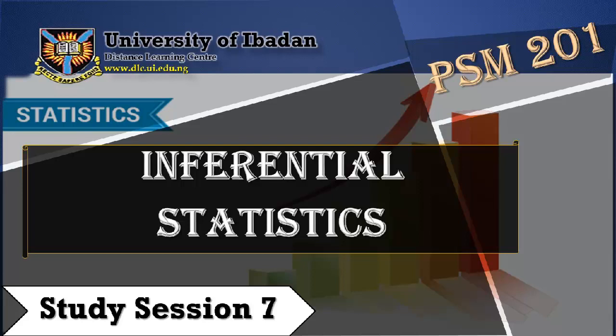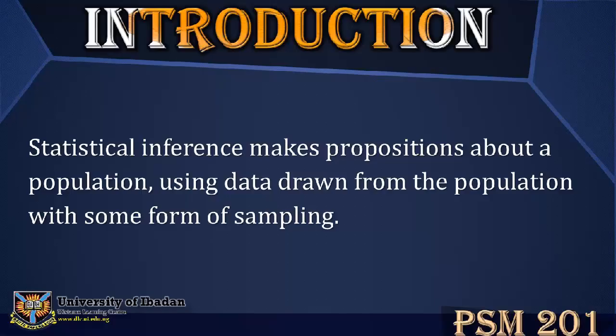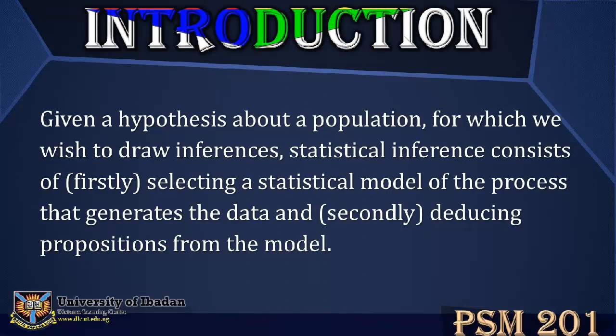PSM 201 Studies Section 7: Inferential Statistics. Introduction. Statistical inference makes propositions about a population using data drawn from the population with some form of sampling, giving a hypothesis about a population for which we wish to draw inferences.